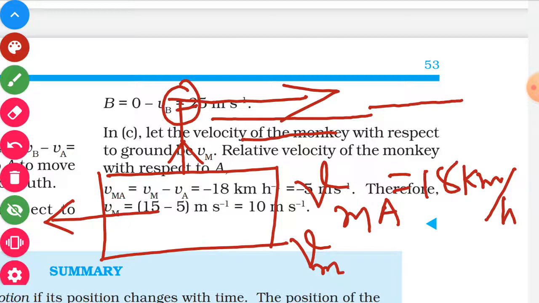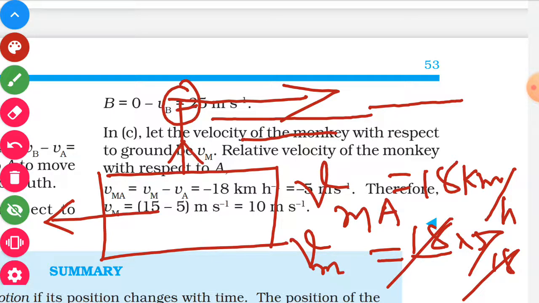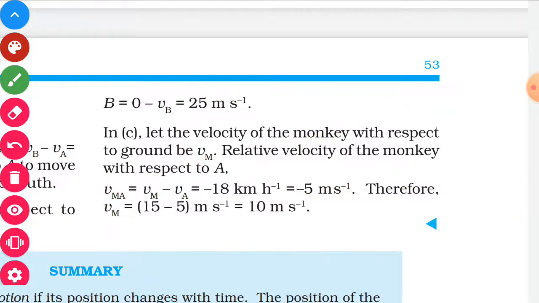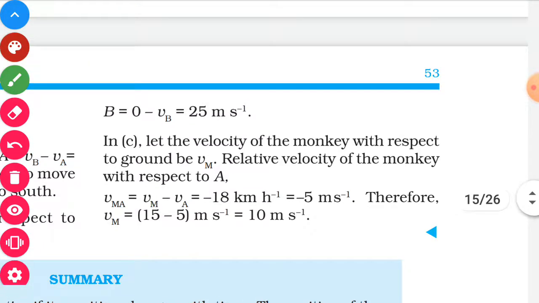Then this value 18 km per hour, which you convert into meter per second, 18 into 5 by 18, becomes 5 meter per second. It is in the south direction, so this value will be minus. So VMA is VM minus VA.